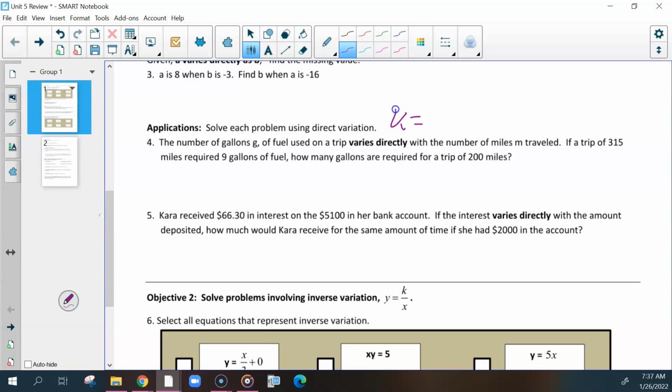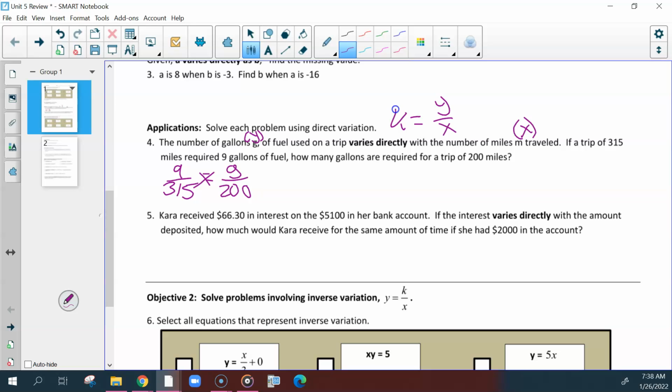Y over X. So if we're using the proportion method, our Y here would be like our G, and our X here would be like our M. So if we're going to use the proportion method, this would be 9 over 315 equals, we're looking for G, or our Y in this case, over 200. Cross multiply, and we can figure out what G is.